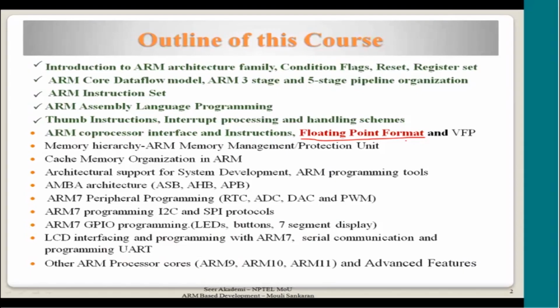Okay, so whatever system we build is for solving some scientific problem, getting some scientific solution. So we need to know what the floating point format is all about and how this format is used in any scientific applications for computation. Okay, so this is a very interesting topic.